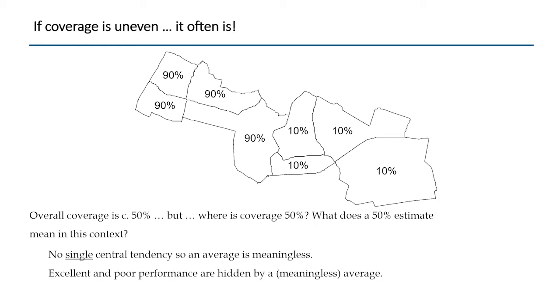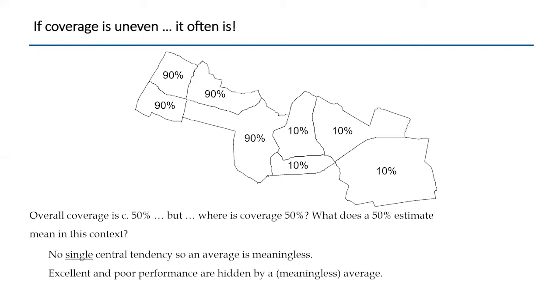The overall coverage is roughly 50%, but where is this coverage 50%? I can't see any place on that broad map where coverage is 50%. So I wonder what a 50% coverage might mean in this context, or is it a meaningless estimate? It's a very difficult thing to pin down.